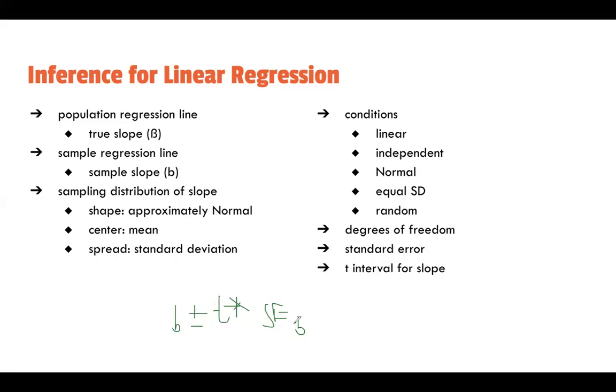There's barely any work for this because it's just this simple formula. You're given most of the values. You just have to calculate t star and then plug it in. So that's for the t interval. And remember, this is a t interval, not a z interval. The reason why is because we don't know the actual value, so it's standard error, not standard deviation.